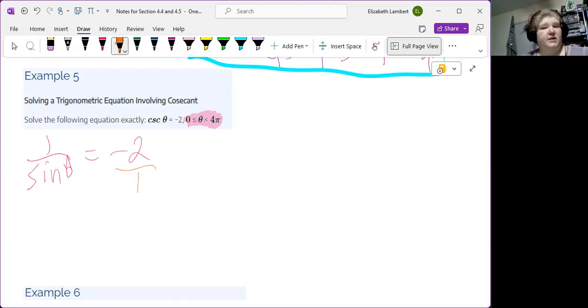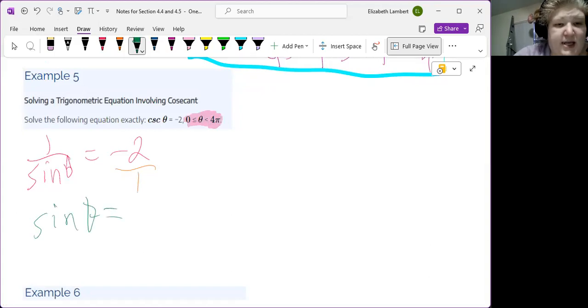If 1 over something equals a thing, I can flip both sides or cross multiply and divide. Either way, I get sine theta equals -1/2.